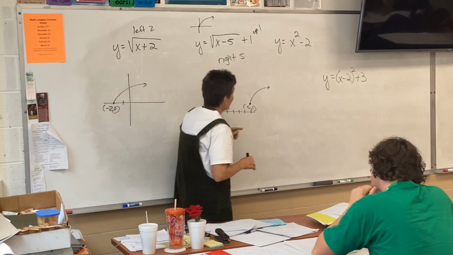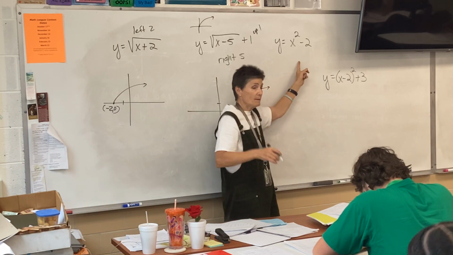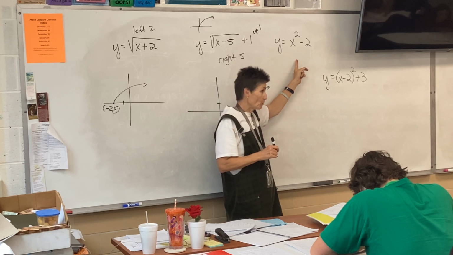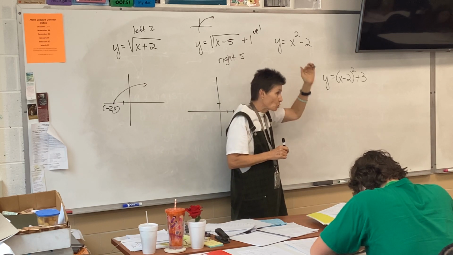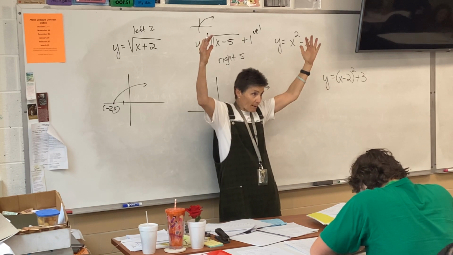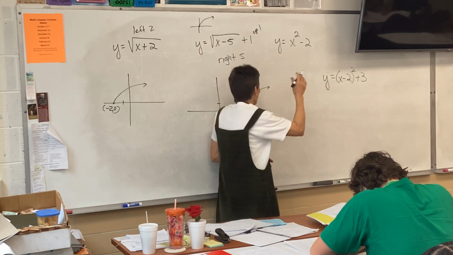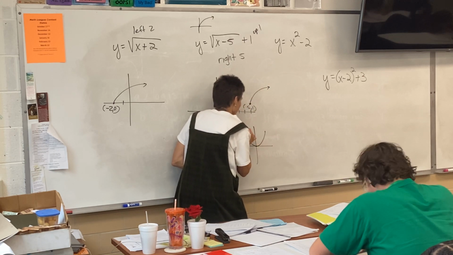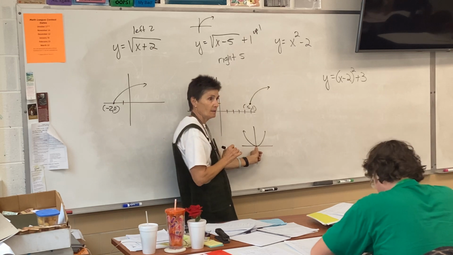Now, will this one be the same shape as these? No, this is not a square root, this is a square. What shape is a square? Parabola? Normally, the parabola, I'll sketch the normal one here. Normally, a parabola is up from the origin.